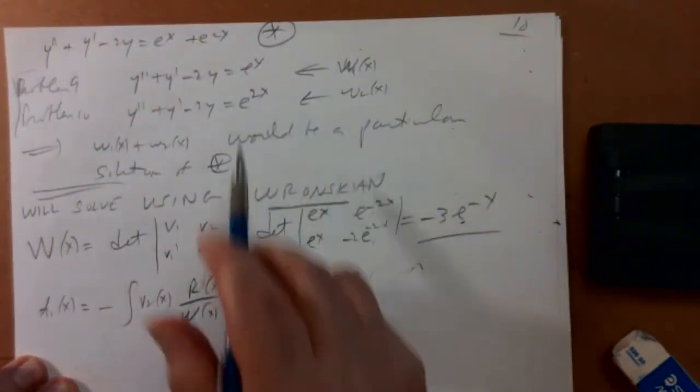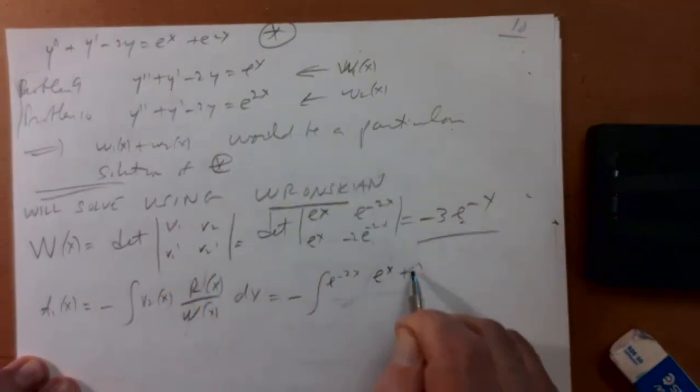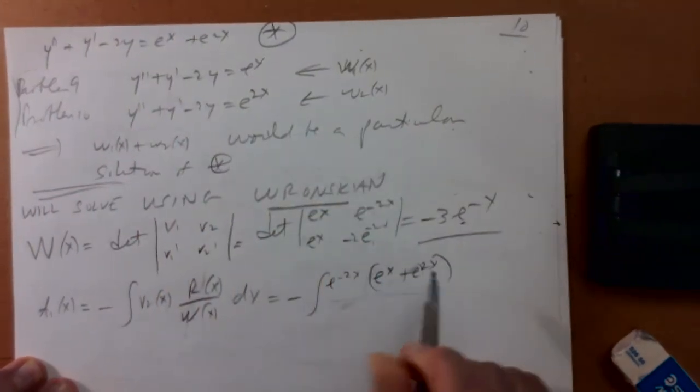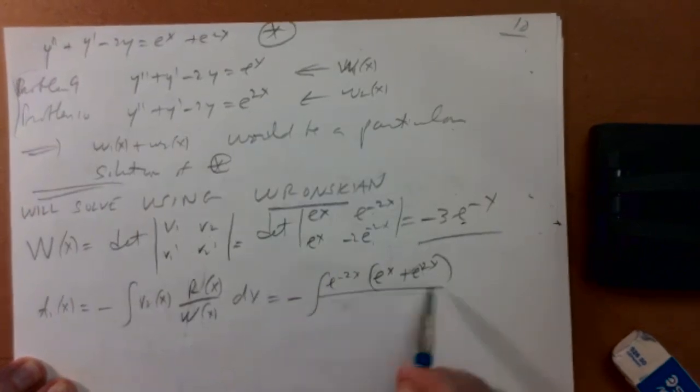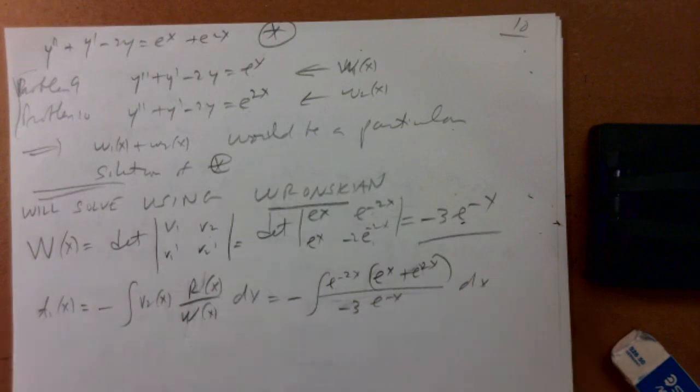So R of x is e to the x plus e to the 2x, times e to the minus 2x, over the Wronskian, which is minus 3 e to the minus x, dx.